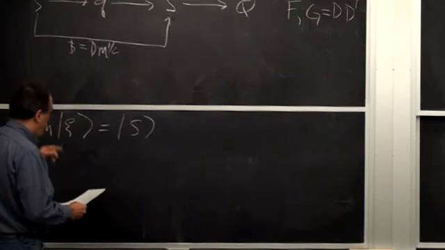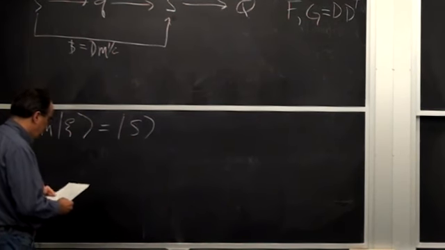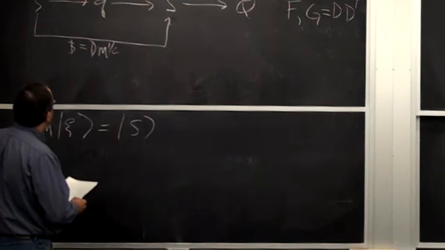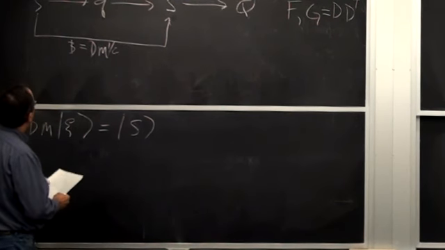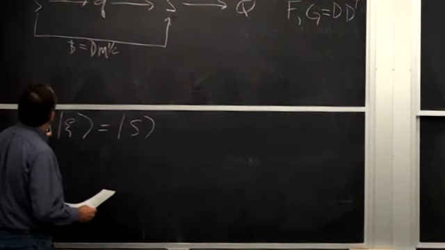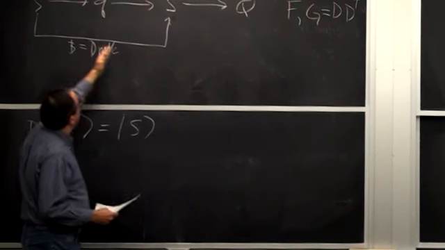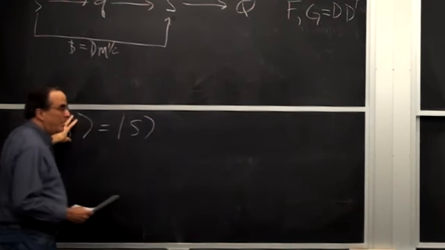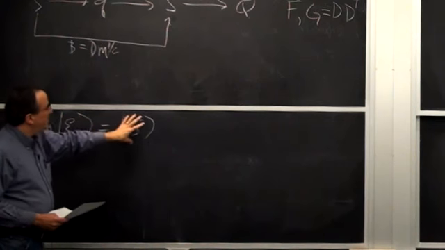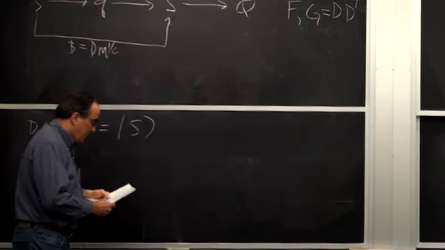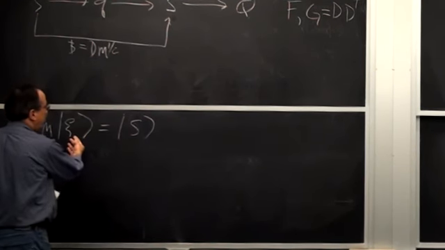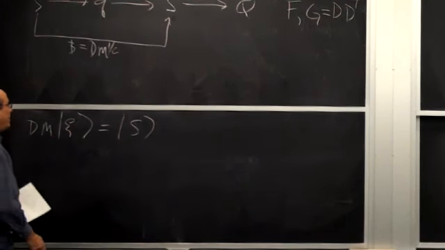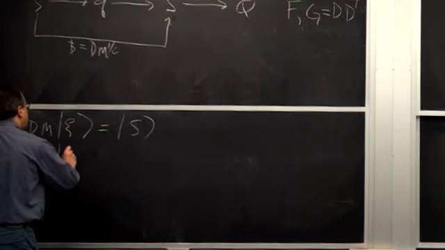OK, so this dm is just B. B is the thing that takes you between the Cartesian displacements and the internal coordinates. If you have an equation like this and you want to write the inverse of it, well, you just write it.